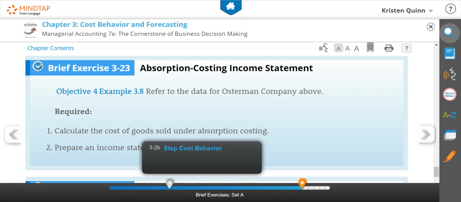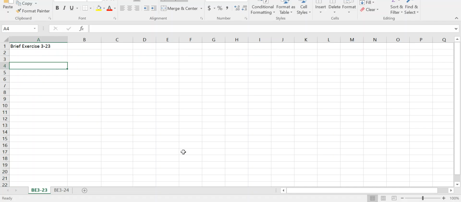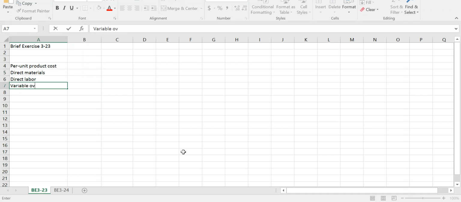under absorption costing. So before we can calculate our cost of goods sold, we have to first calculate our per unit product cost under absorption costing. So under absorption costing, it includes our direct materials, our direct labor, our variable overhead, and any fixed overhead that we have.